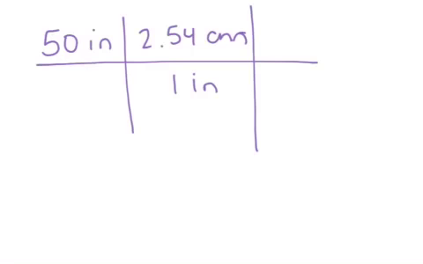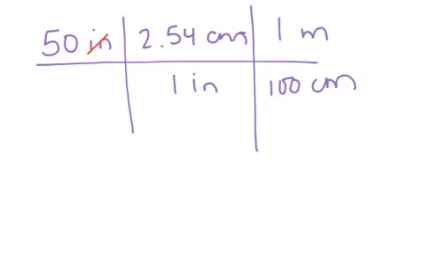Okay, so number 4, we start out with a 50-inch TV and we need to convert it to meters. So I know that we have a conversion. It's 2.54 centimeters per 1 inch. And I know that 1 meter is 100 centimeters.